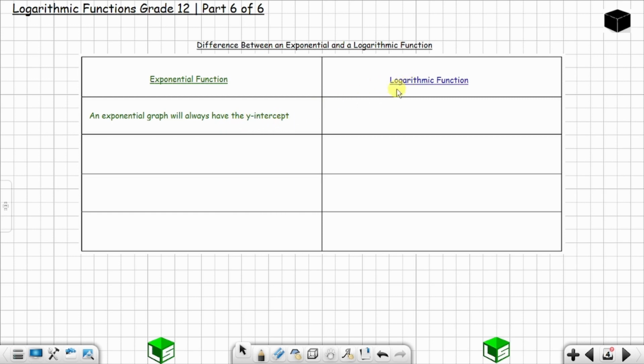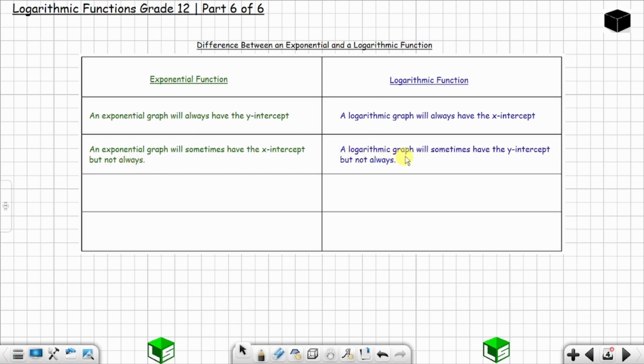How about the logarithmic function? A logarithmic graph will always have the x-intercept. And an exponential graph will sometimes have the x-intercept, but not always. And a logarithmic graph will sometimes have the y-intercept, but not always.